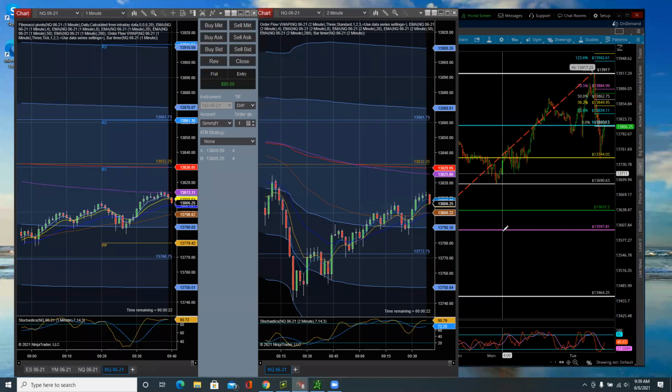That's where I put all of my labeling, and that's where I also run Fibonacci's on that hourly basis.